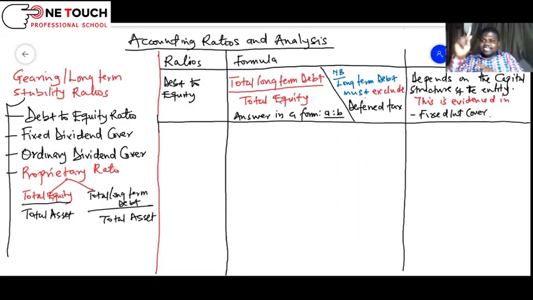If the entity is highly geared, you are likely to have a lower fixed interest cover because the interest that will be paid will be very high. Fixed interest cover is the number of times the profit before the payment of the interest covers that interest. Because we have higher interest, that number of times is going to reduce. And the evidence, you can get it from the debt to equity, is because the entity has a higher amount of debt, or assuming they added additional debt.